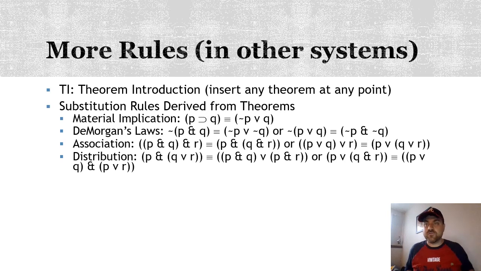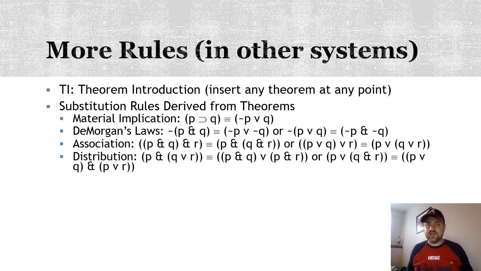Sometimes proof systems will involve some substitution rules so that you can do a little bit more with a little bit less work, right? So if you have a conditional and you need to get a disjunction out of it, you can just use the material implication rule to substitute the conditional for its equivalent form, or vice versa. Same with De Morgan's laws.